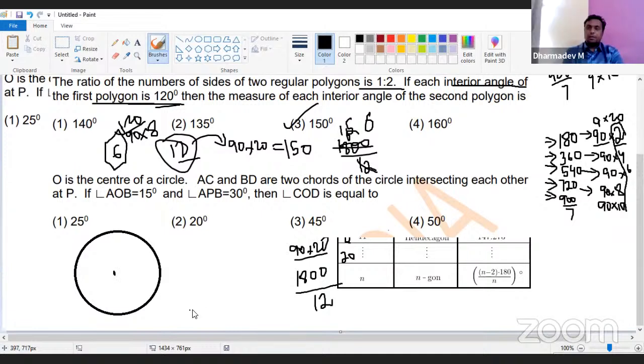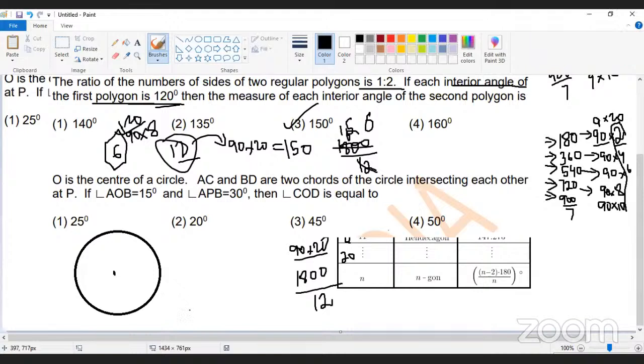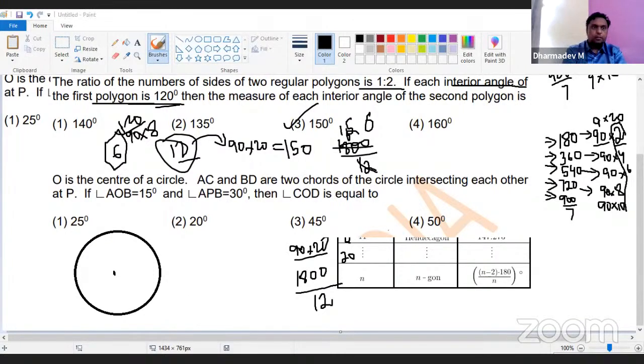Have you done these topics before? Yes or no? No. Okay, I'll just show you what a chord is. These kinds of questions would be like these. When you say geometry question, you will always be able to do it with some logic.